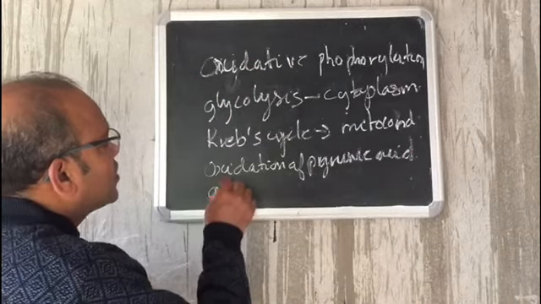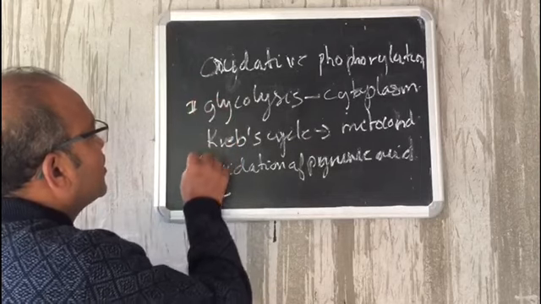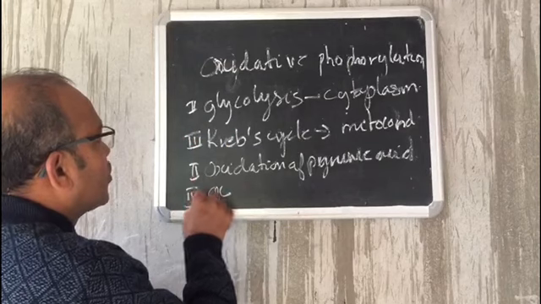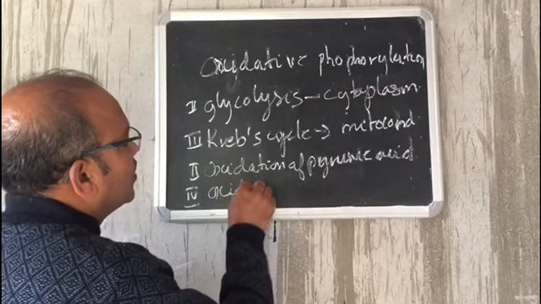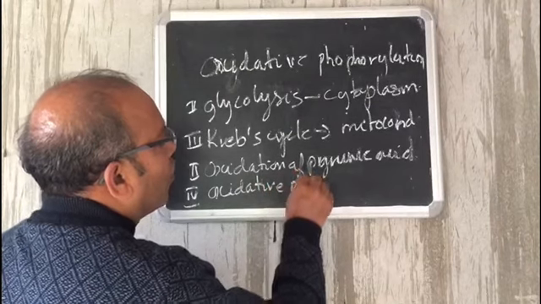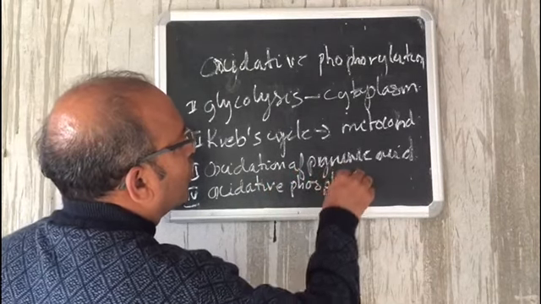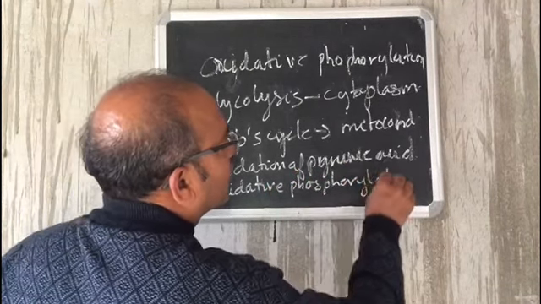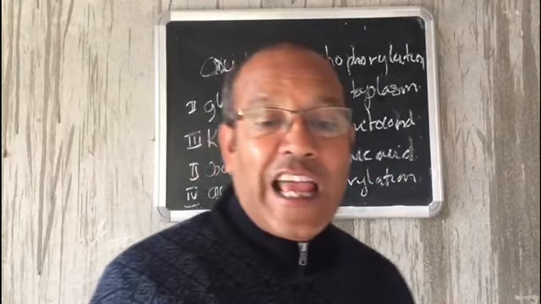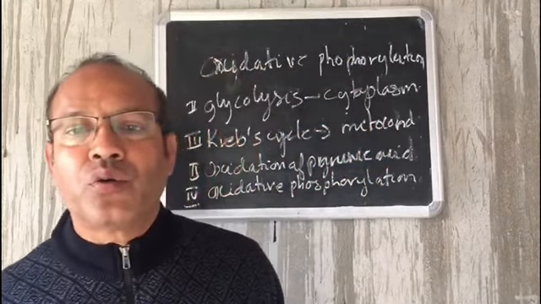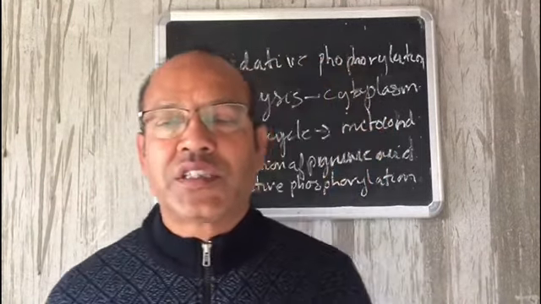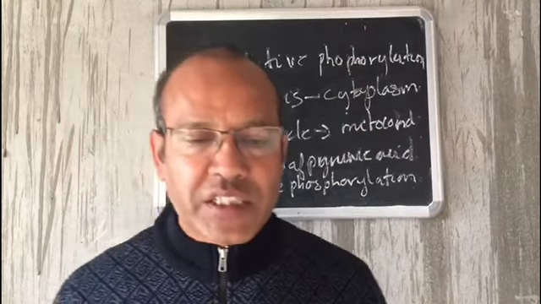Then finally, the fourth is oxidative phosphorylation. These are the different steps by which energy stored in the glucose is released for the cell in the form of ATP.